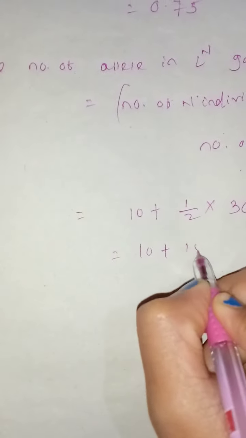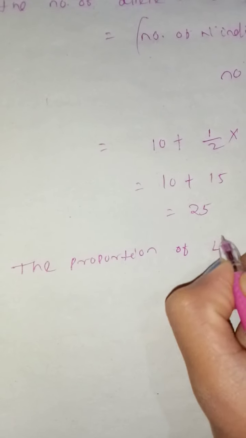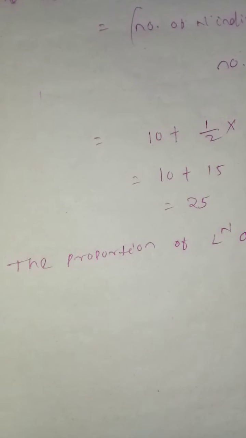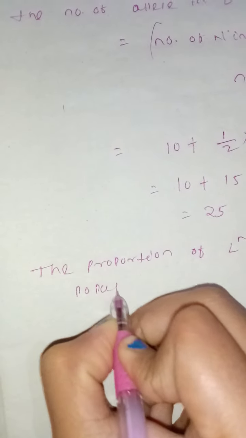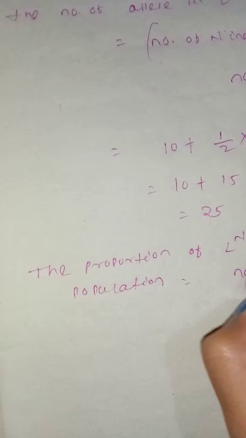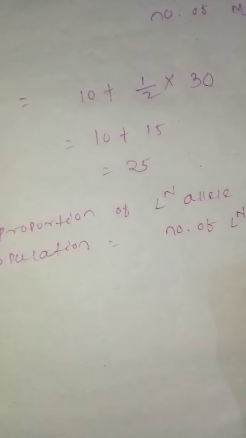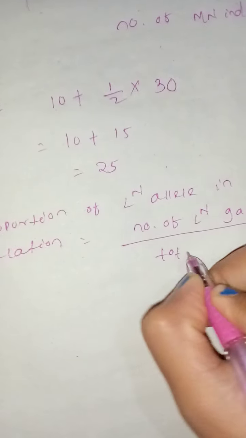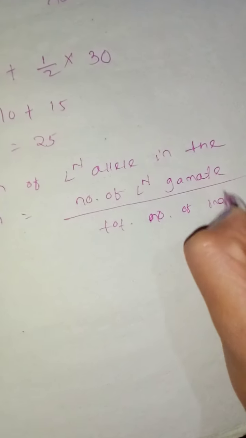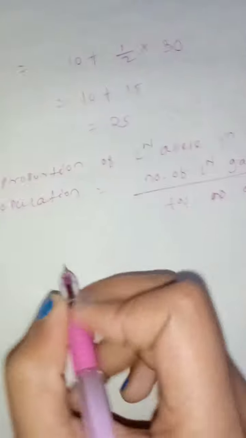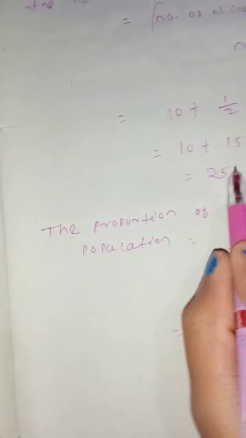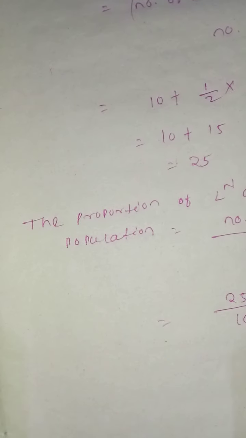So 10 plus 15 is equal to 25. Then the proportion of LN allele in the population is equal to number of LN allele or LN gamete by total number of individuals, 25 by 100, is equal to 0.25.